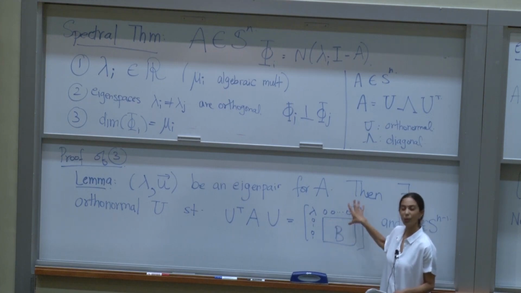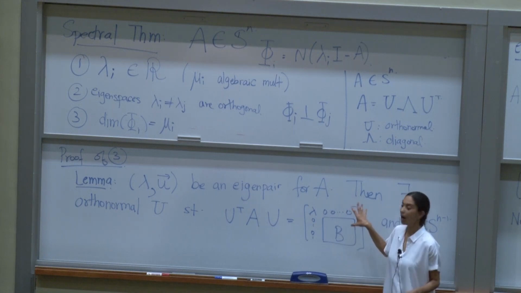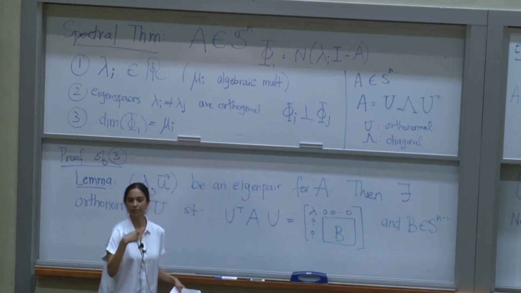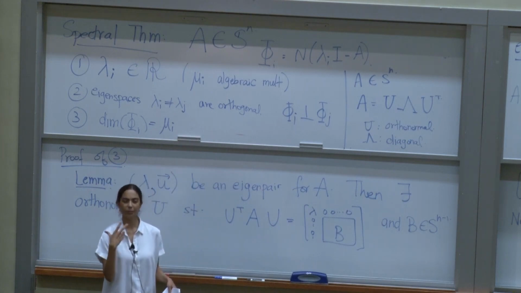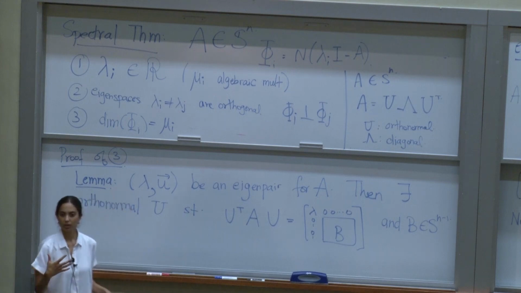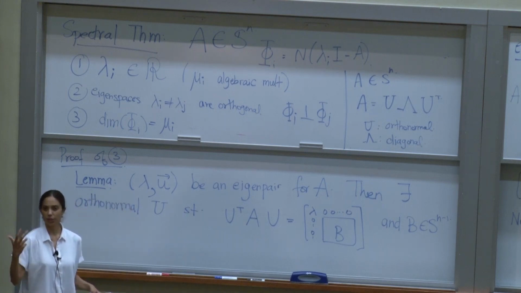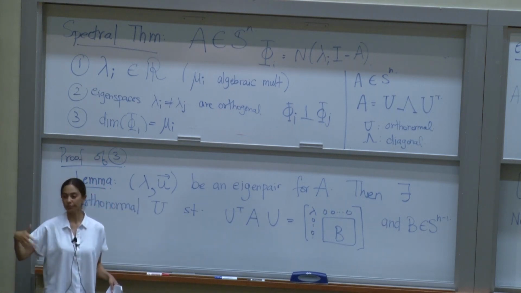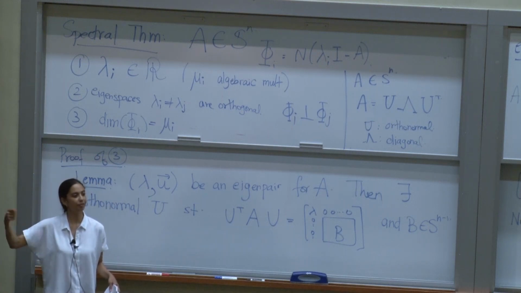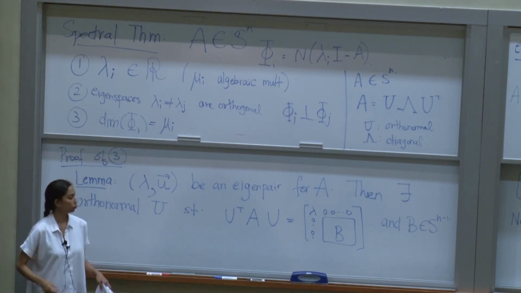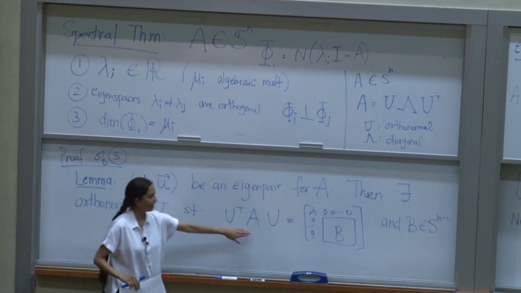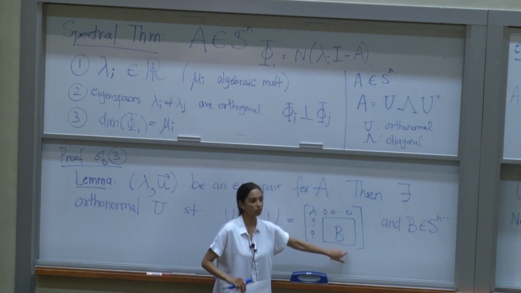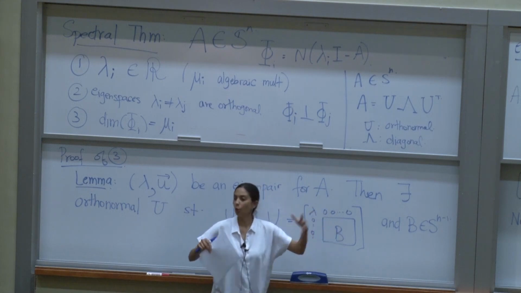And why do I want to prove this lemma? How is this lemma going to help us pick out these multiplicities? What am I trying to do here? So the strategy that we're going to use for proving 3 is going to be an induction-based strategy or a unraveling-based strategy. So what I'm going to do is show that A can be related to this matrix B, where B is also symmetric, but B is lower dimensional.